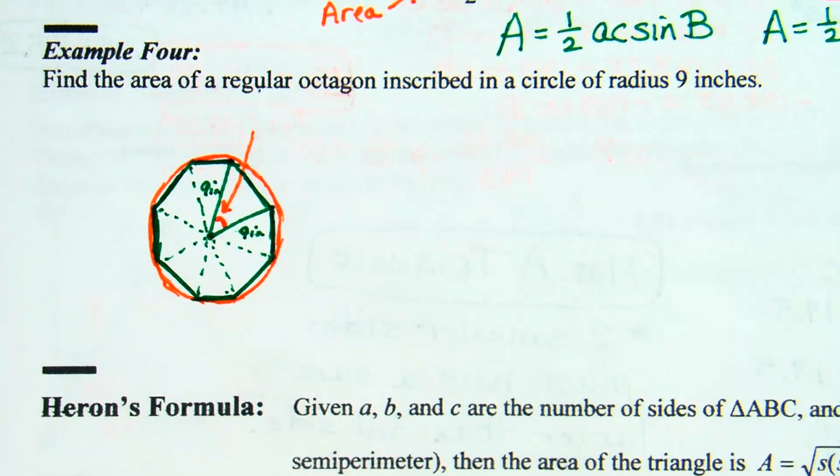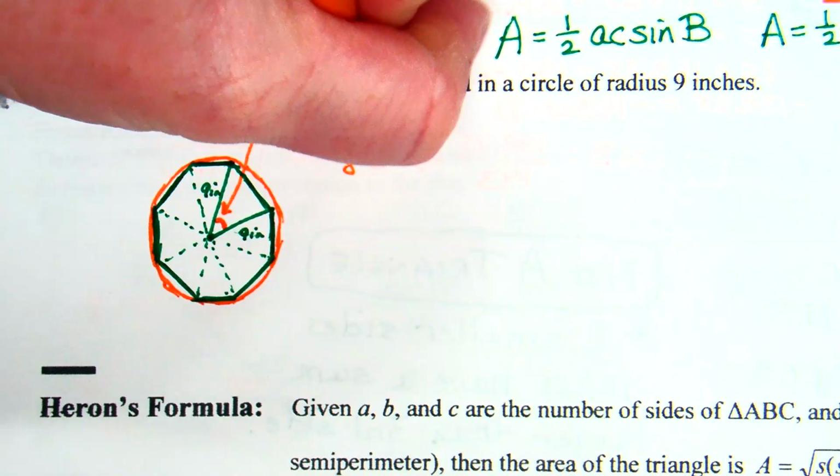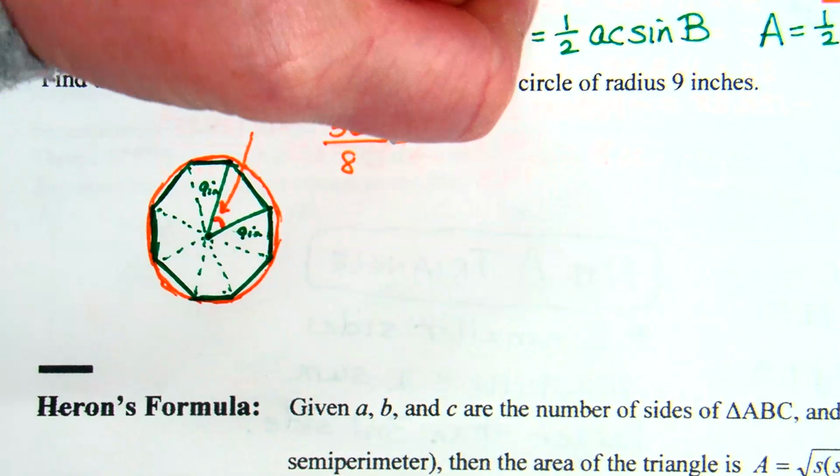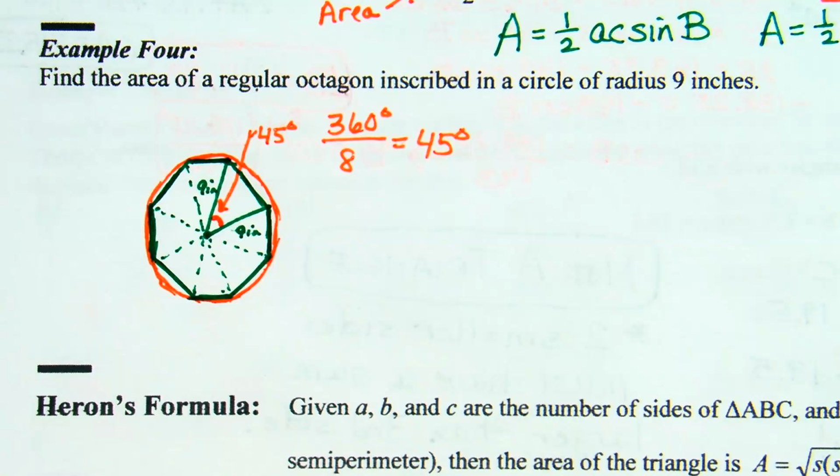So that angle in the middle, in between the 2 9s, is 45 degrees. Do I have a side angle side setup? Yeah. So I can use that area formula earlier. It's 1/2 AC sine B or 1/2 AB sine C. The idea is it's a side angle side.